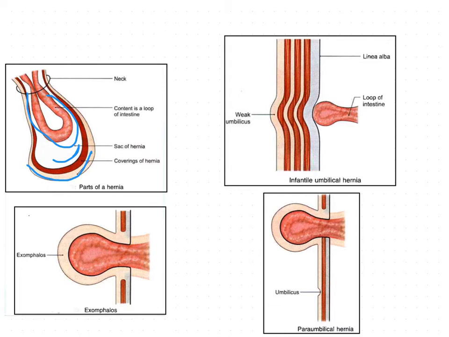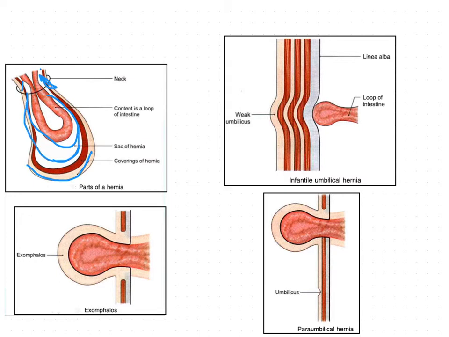Okay, so the sac implies the peritoneum, a protrusion of the peritoneum, and the sac consists of a neck. Here you can see the neck, and then the narrowed part. So this one is the narrowed part of the sac, and a body.